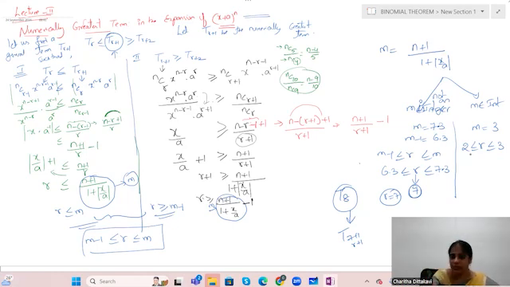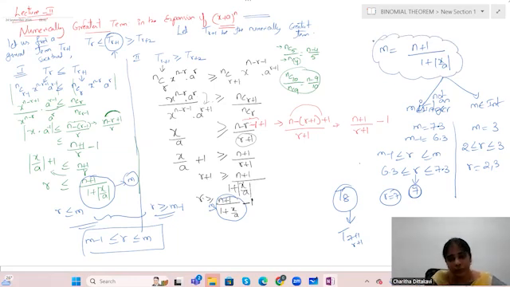So when m is an integer, r can be 2 and 3. So we get two numerically greatest terms when m is an integer. Understood? So the only thing you need to remember while finding the numerically greatest term is that finding the value of m is most important.